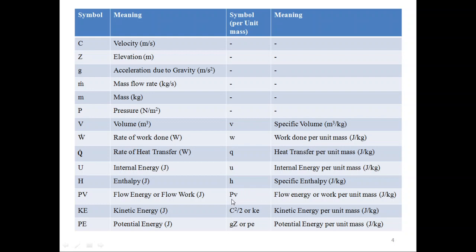P into small v represents flow energy or flow work per unit mass in joule per kg. C square upon 2 or small ke represents kinetic energy per unit mass in joule per kg. Small g into z or small pe represents potential energy per unit mass in joule per kg.